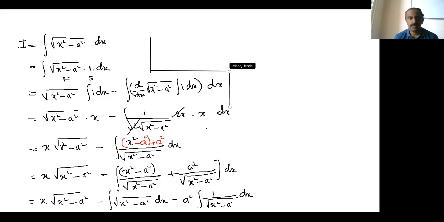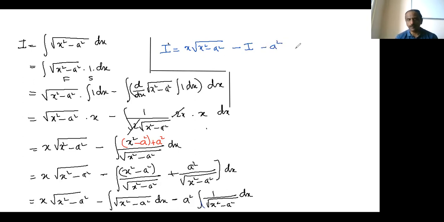Okay, I think that will be enough. So I is equal to, let me use some other color, I is equal to x root of x square minus a square minus I minus a square.